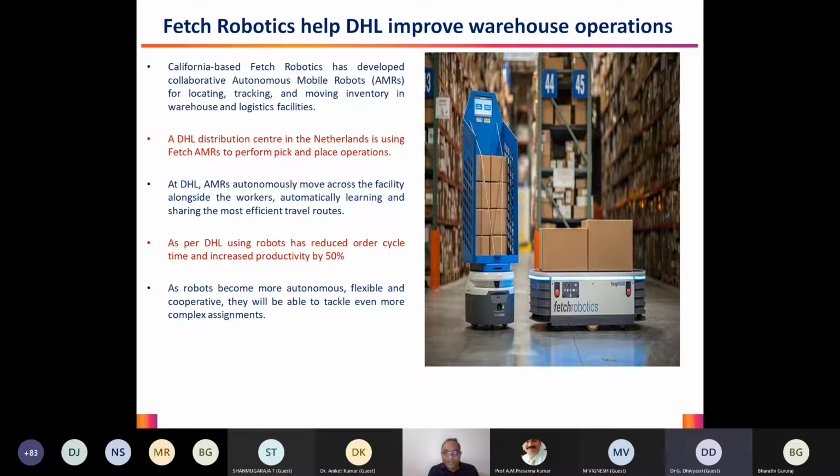Assume they have to carry a package and keep it in a certain rack, these cobots will follow them. They imitate this process, and the next time they see a particular packet, instead of the individuals carrying it, the cobots will carry it and keep it at the designated location.